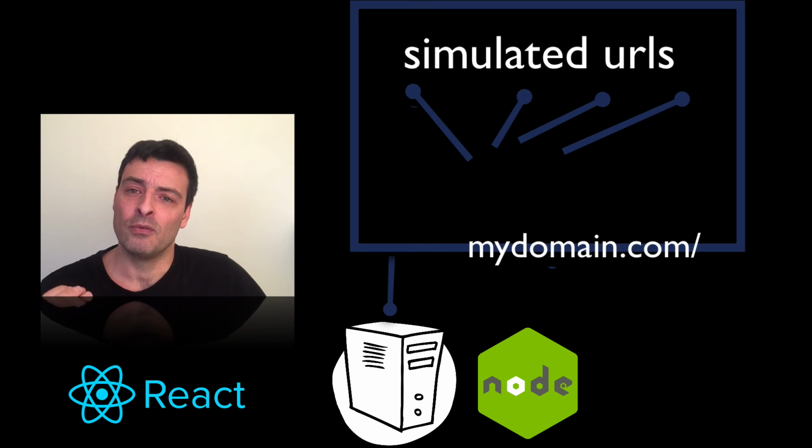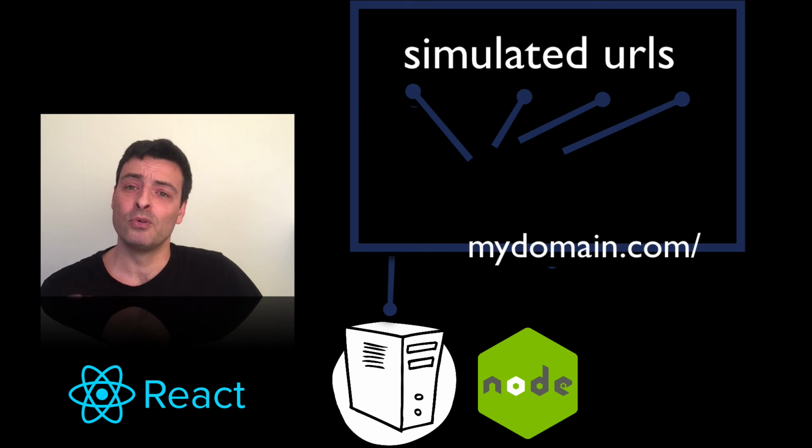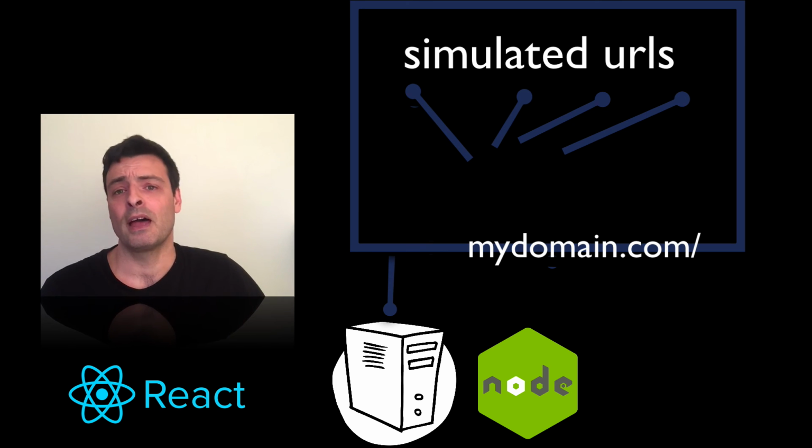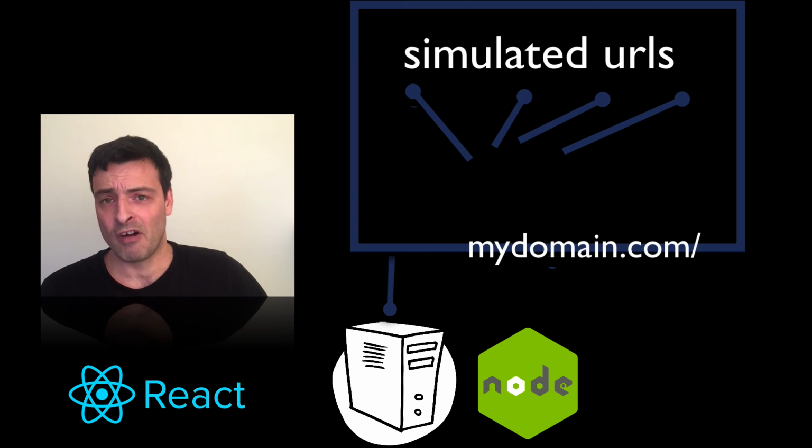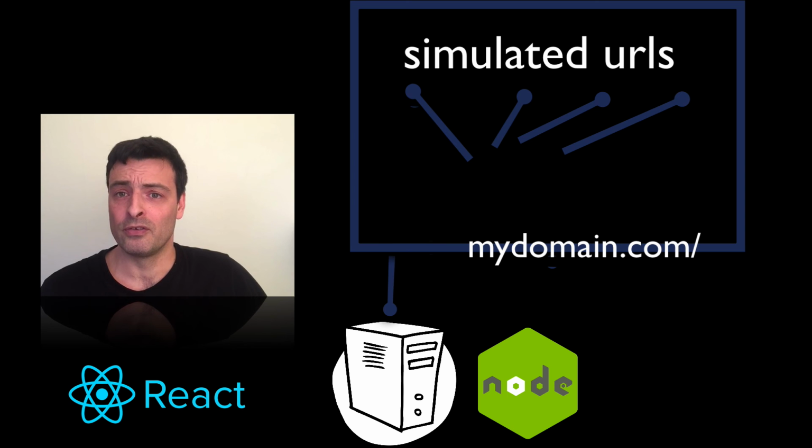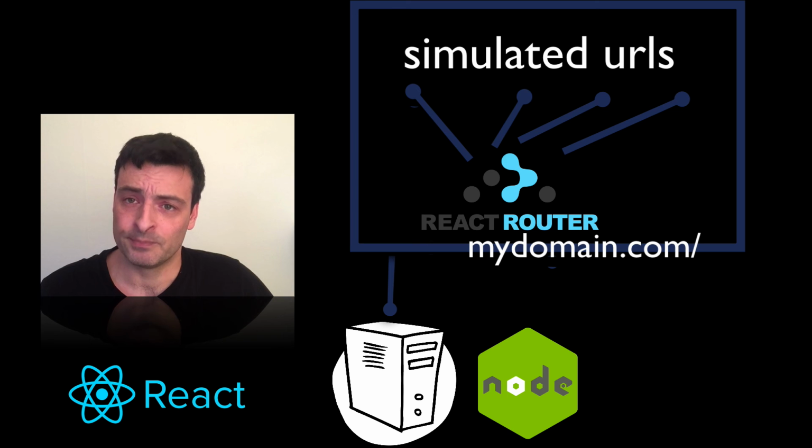What you're doing is the one-page application fools the browser into thinking that it's doing that, but in fact it's generating those extra URLs through something called, in my case, React Router.